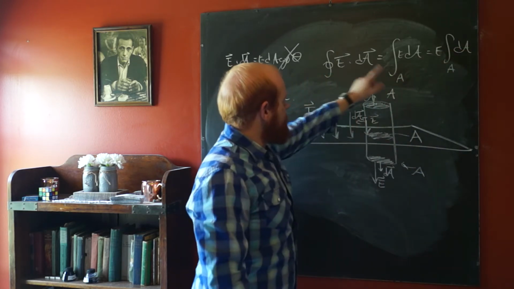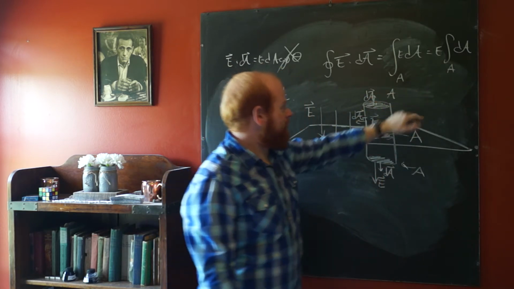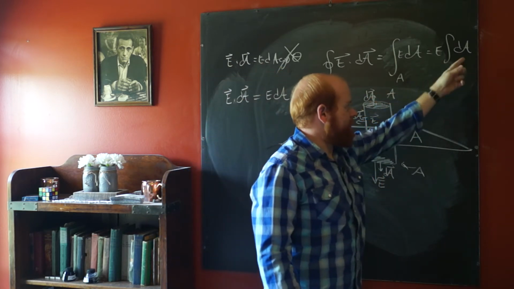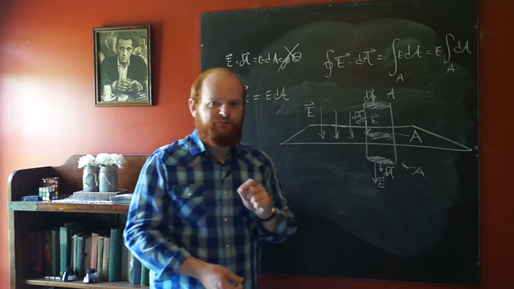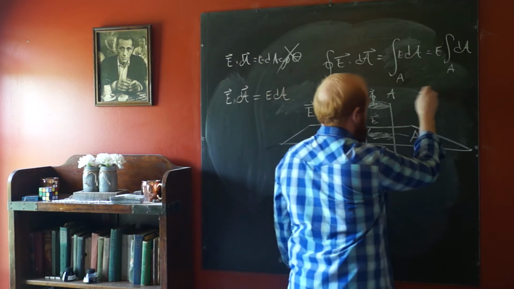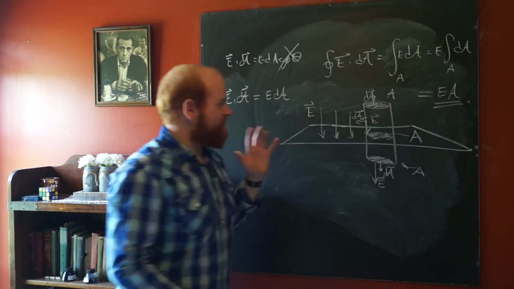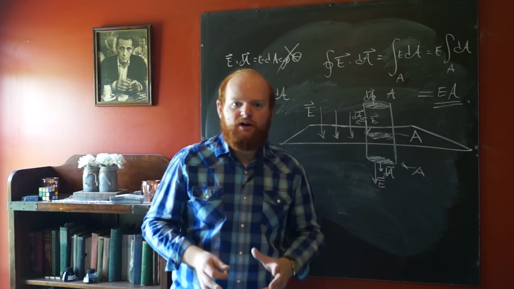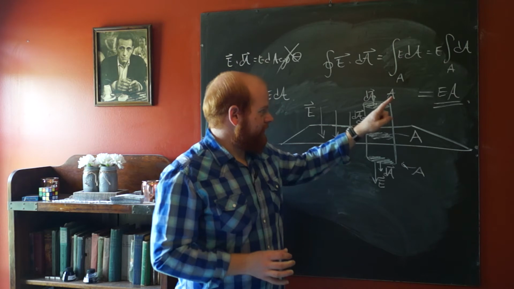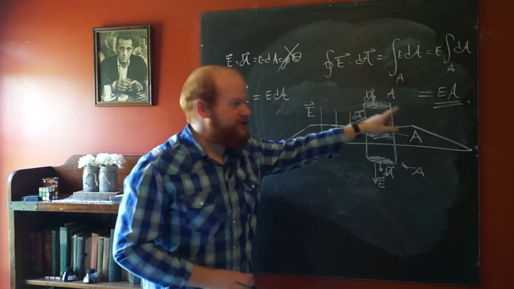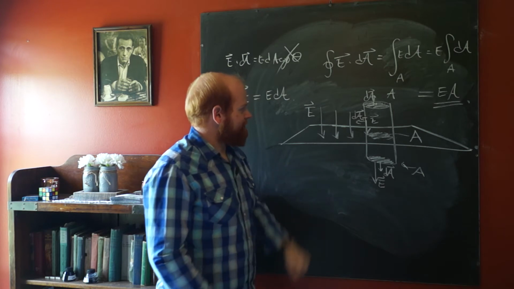If we integrate over the entire area of E dot dA, and E is a constant that we can pull outside, then that's just the integral of dA, which is A. The integral over the whole surface of all the differential bits of that surface is just equal to that area. So that becomes E times A. And this is a trick that you can use in every Gauss's law problem. Find some symmetry in the electric field that you can exploit to make this vector integral just become E times A. By choosing the cylinder, we've done that.